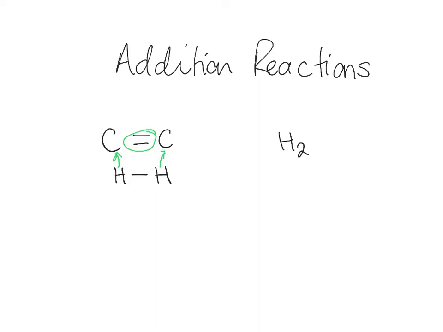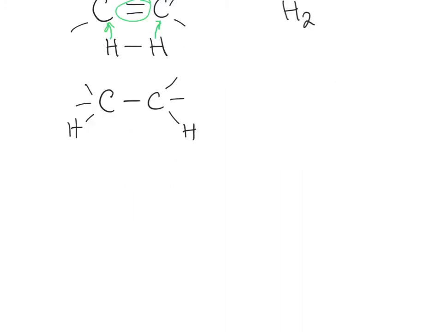So we're going to end up with, oh, I probably should have put the other bonds in there. Now, because this double bond has broken, we've got four bonds around each carbon. So we're going to add the hydrogen here and here.